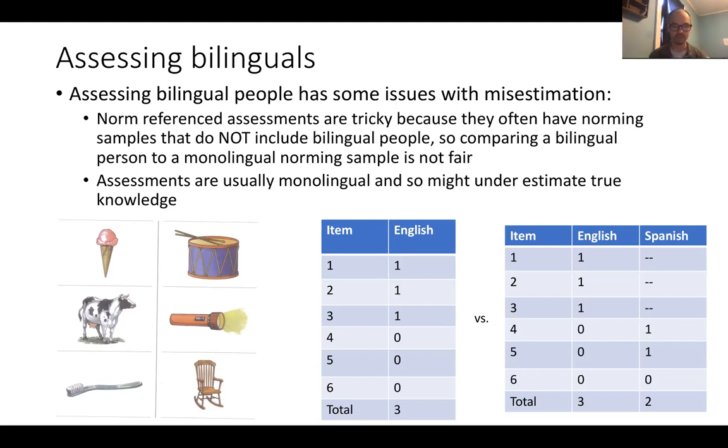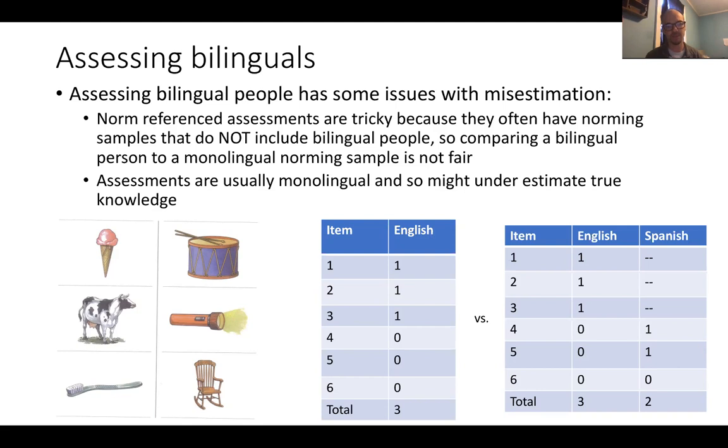And the student is supposed to say drum, and cow, flashlight, toothbrush, rocking chair, and so on. And so if you look at these, if you just give this measure in English, it may be that the student gets items 1, 2, and 3. That's indicated by a 1 next to each of those, and a 0 for 4, 5, and 6, flashlight, toothbrush, rocking chair, they get wrong. And so that's a total of 3.